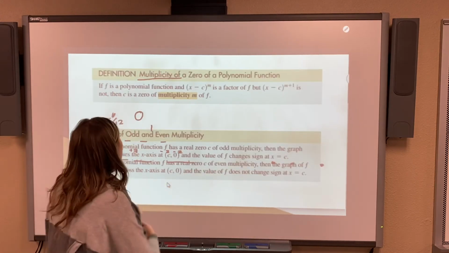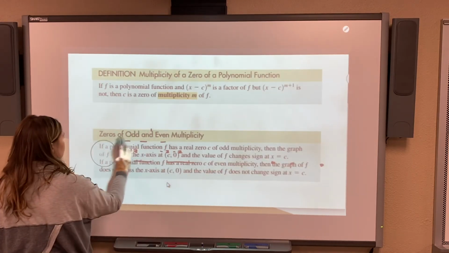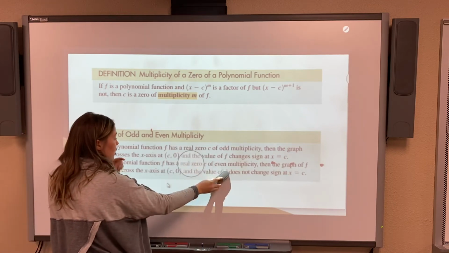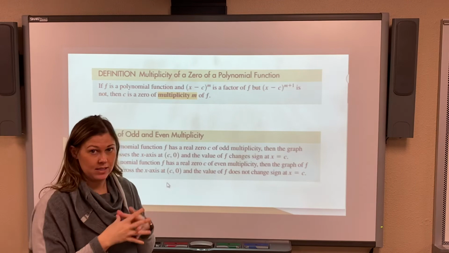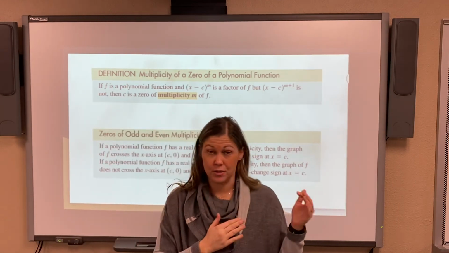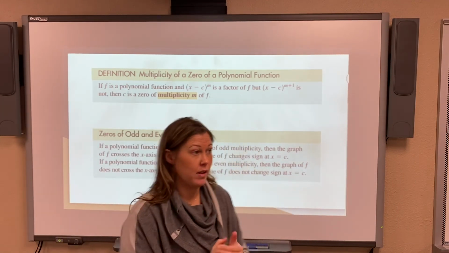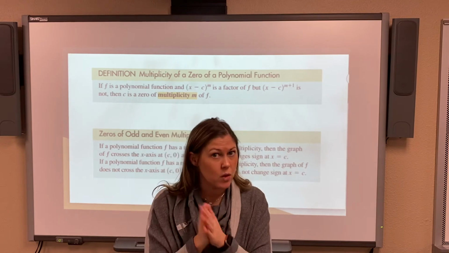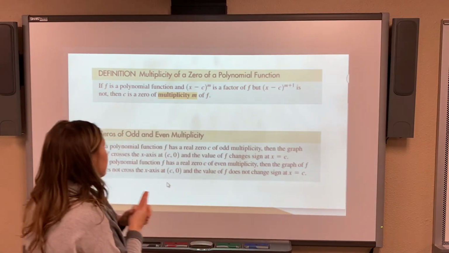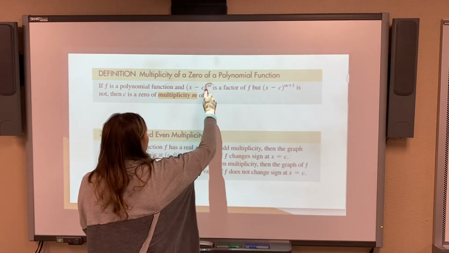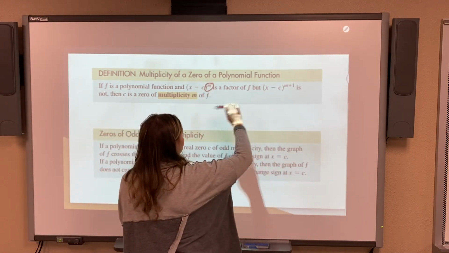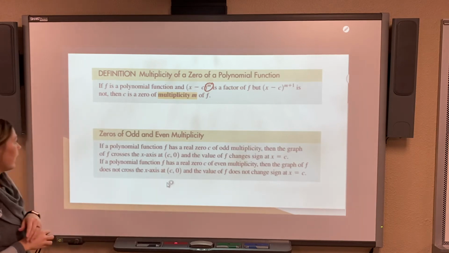Okay, now multiplicity of a zero. So if you have it in factored form, your multiplicity tells you the behavior at that zero, okay? It's either going to cross through that zero or bounce off that zero. If you have this in factored form, that's called your multiplicity, okay?